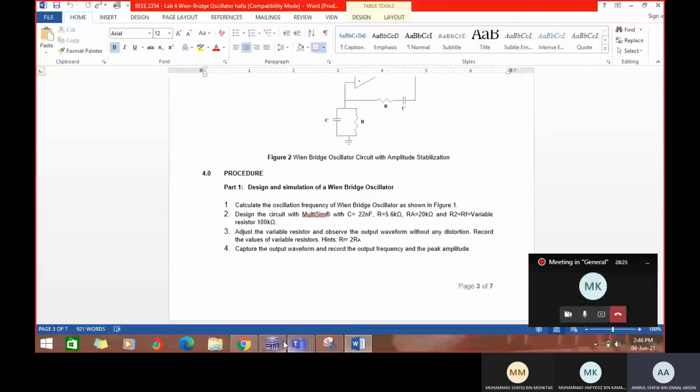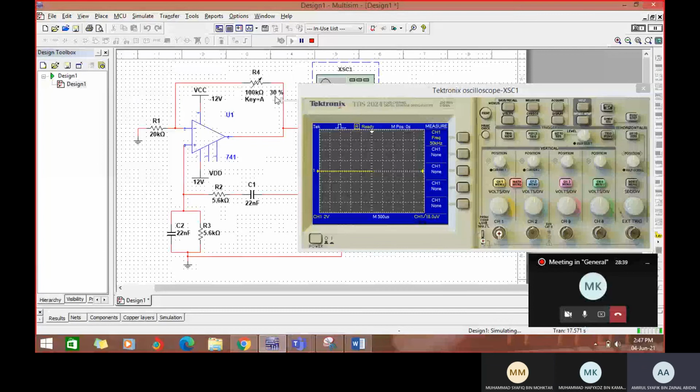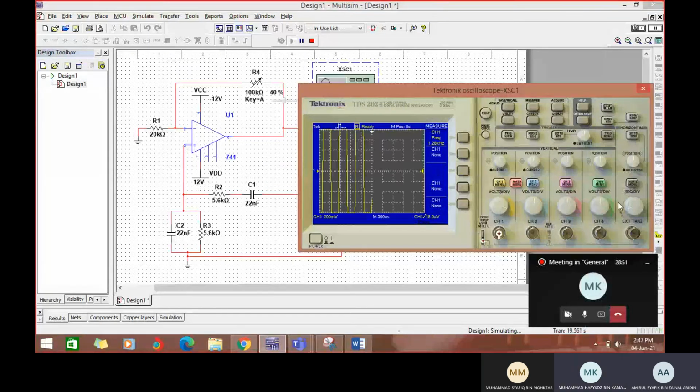That means if it is less than 40k, it won't produce a waveform. As you can see here, at 30%, which is 30k, there will be no waveform. So if we adjust to higher than 40k, or at least 40k, we will get the waveform. So that's all I want to add. More than 40%, then it will get a waveform.